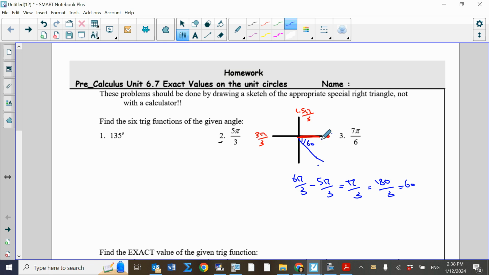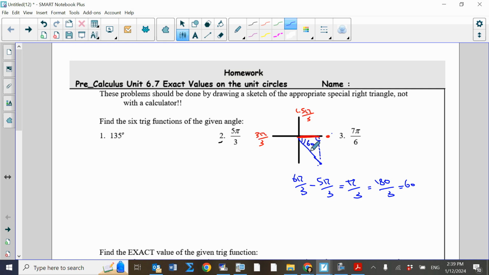If I make a right line from the end of the terminal side of the angle to the x-axis, we have a right triangle here.